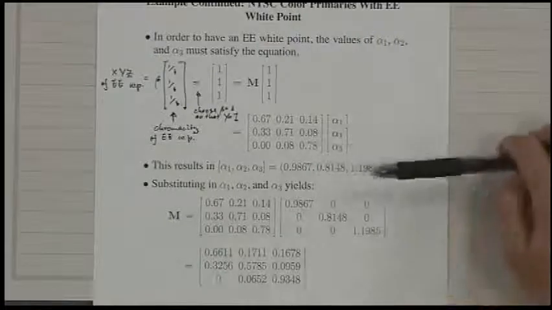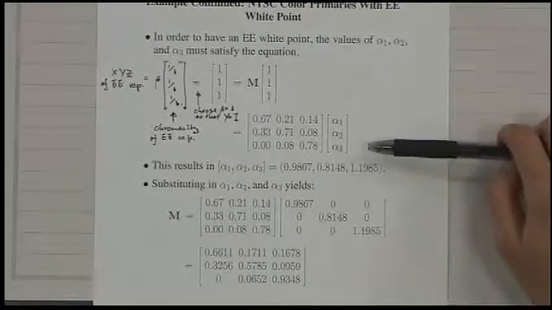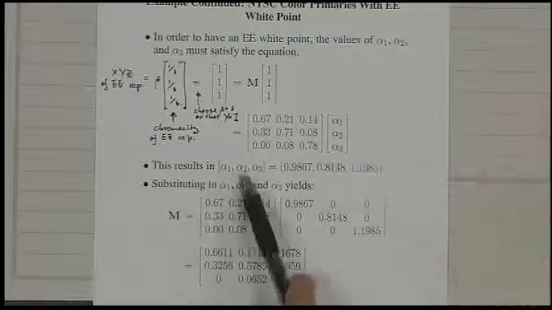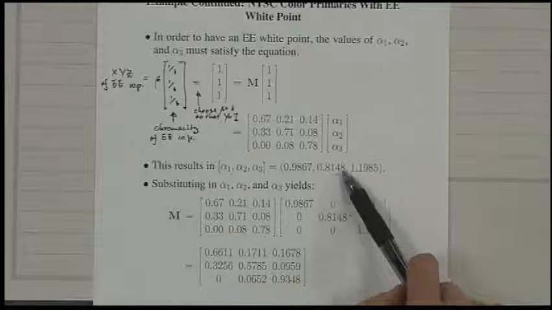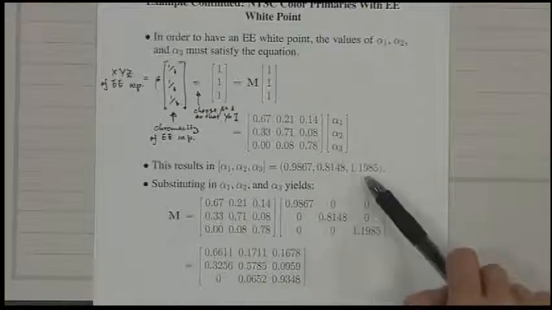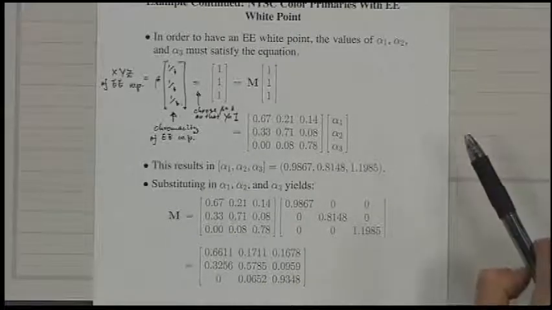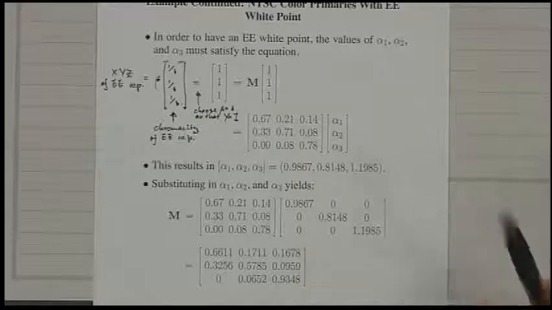So if we solve these linear equations, then we get alpha 1, alpha 2, alpha 3 equal to 0.9867, 0.814, and 1.1985. Is it okay?